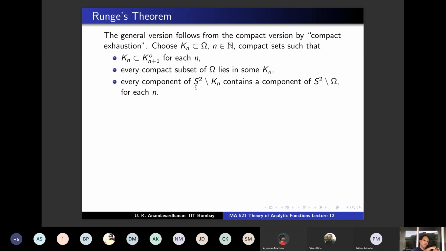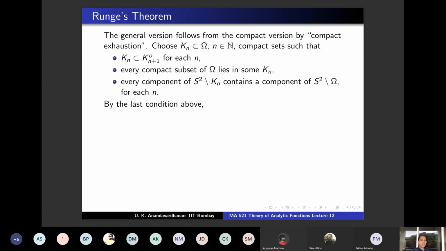The bounded component of S2 minus Kn contains a bounded component of S2 minus omega. That's the picture to keep in mind, and this can be done very generally, abstractly. You don't need such a nice picture. That was the point of compact exhaustion. It needs a proof, not very difficult. I have sent you the proof. If we want, we can discuss it at some other point, but let's finish off the theorem.